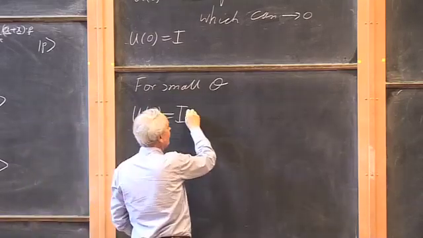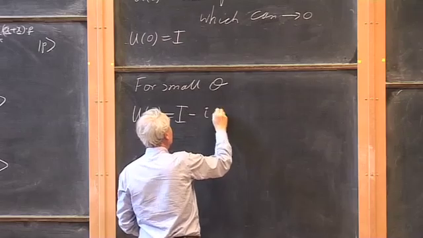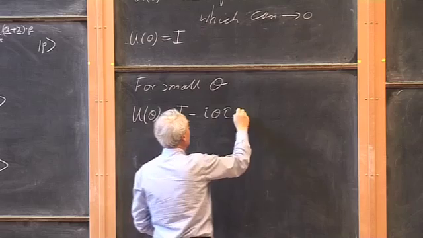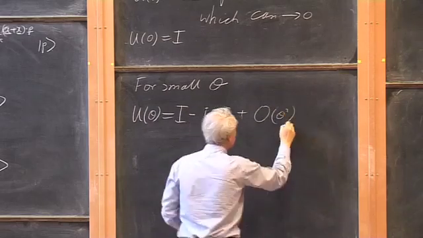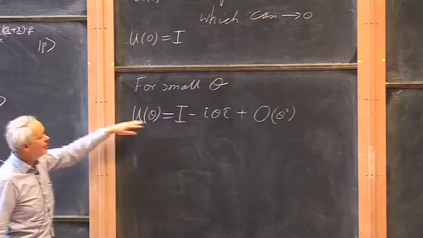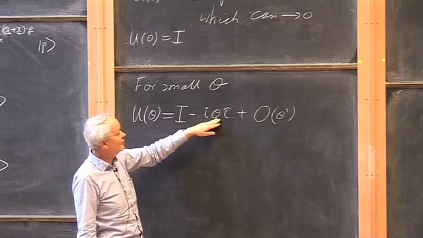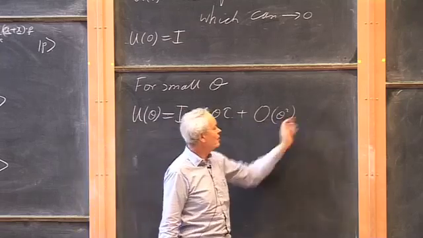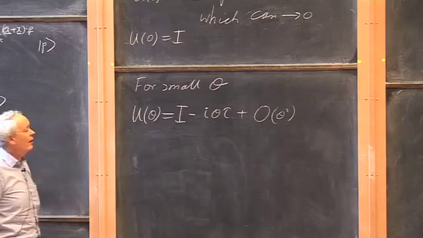And now we're going to write the first order term in a slightly funny way. We're going to write −iθτ, and then we'll have terms of order θ squared. So this is a Taylor series expansion, only the first two terms, the zero term and the first derivative term, and all the other terms we've just wrapped up under order θ squared, not saying what they are.